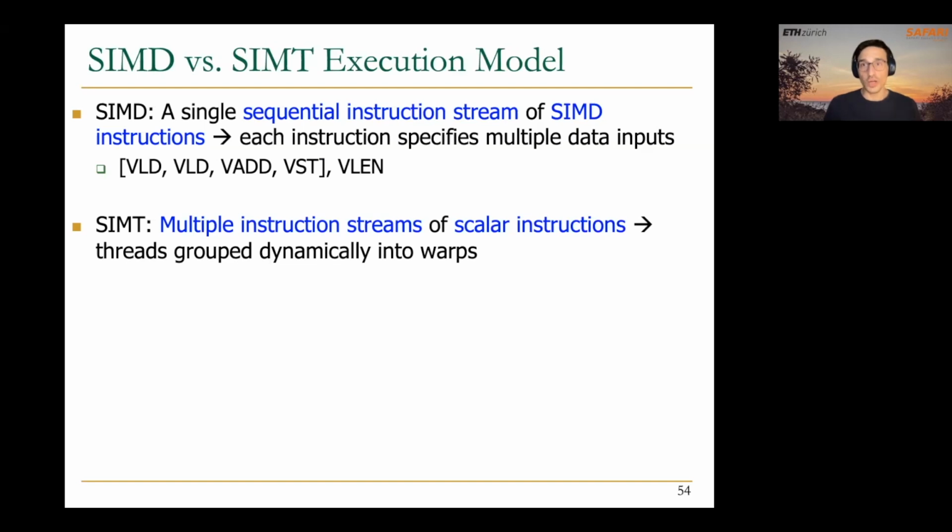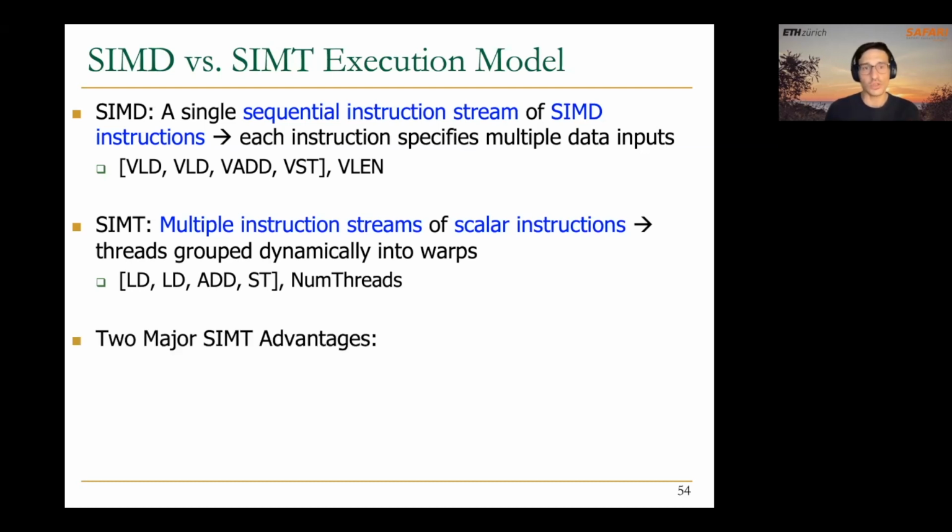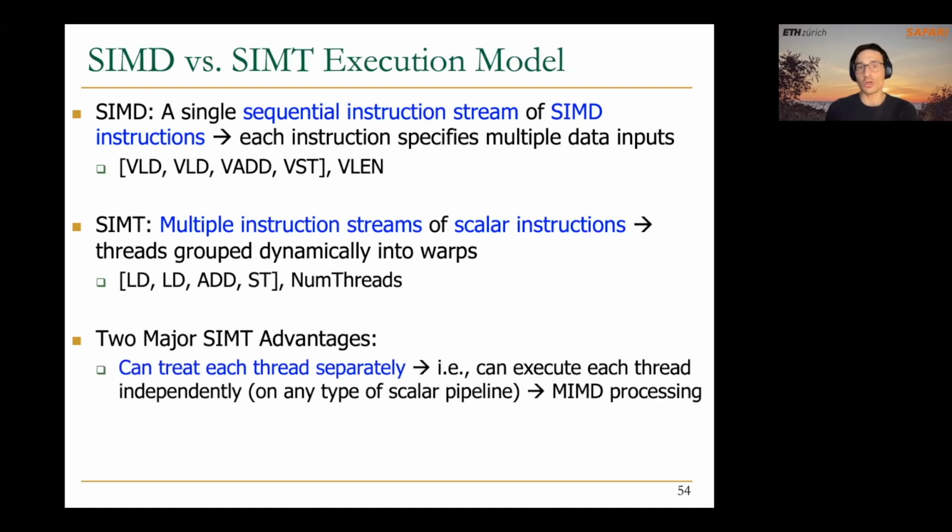We have multiple threads, and the hardware groups the threads into warps. So from the software perspective, we have a number of threads, and we have scalar instructions like loads, adds, stores, and so on.